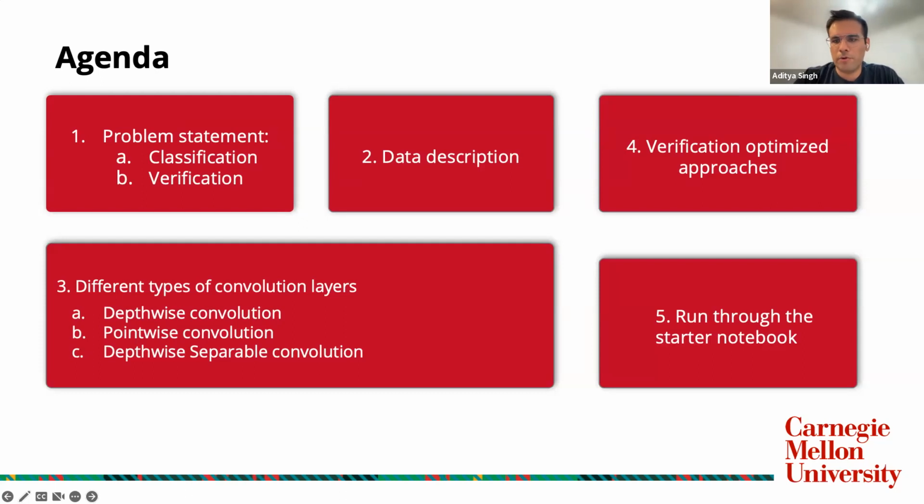And then we'll talk about a few approaches to verification, and then Cedric will go into the different types of convolution layers that you will encounter as you implement the architectures that we discussed in the bootcamp yesterday. So a quick note, there was a bootcamp yesterday. Please refer to it for model architectures and other specific ideas about what to implement for part 2. And finally, we will run through the starter notebook for homework 2 part 2.